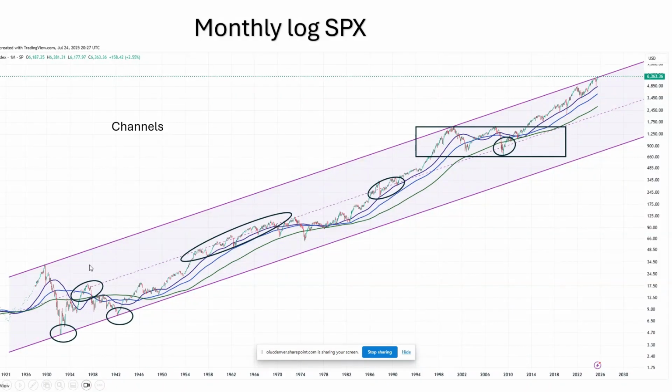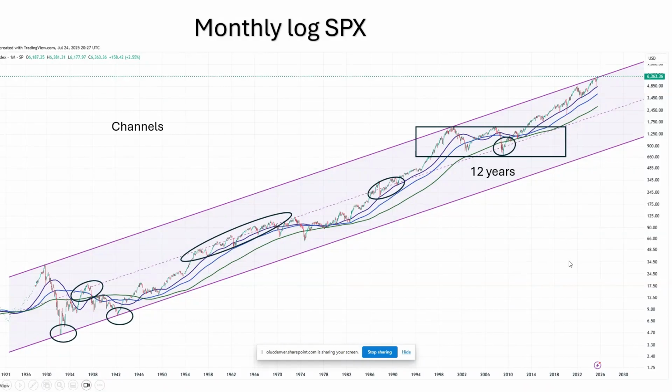So if you look, this is the 1929 crash, and the last time we touched the top of the channel, this was the dot-com bust, and then this was the housing crisis. So we spent 12 years before we went into positive territory.